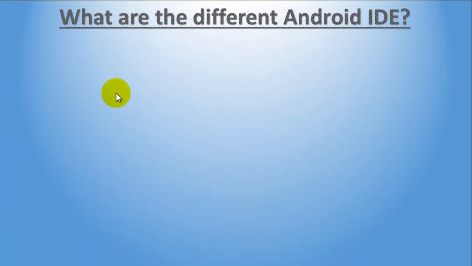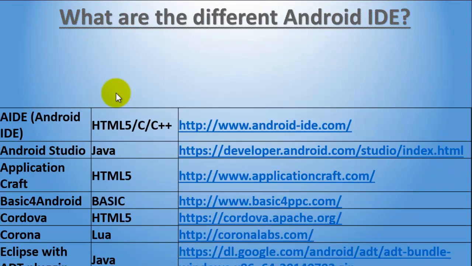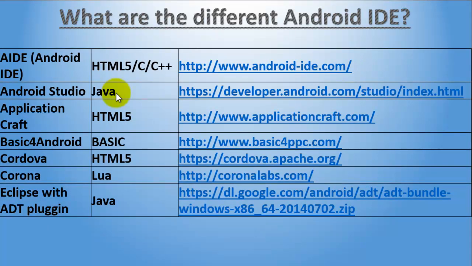So now we are going to check what are the different Android IDEs that are available to develop the Android application. When it comes to AIDE, AIDE is an Android IDE, and this IDE is used to develop the Android application using HTML5, C and C++.